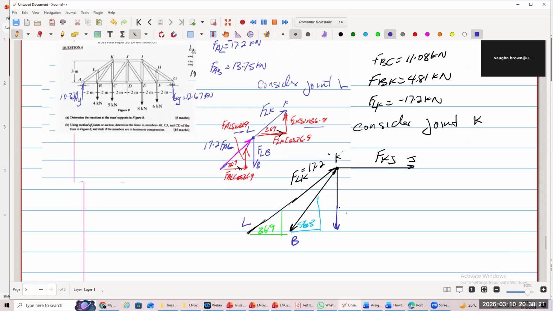Now I need to write the forces. So this one will be F, K, CK or KC, right? Probably CK. That's the best way. But I write them from the direction it's coming from. So this is FKB or BK. And this one is FLK.